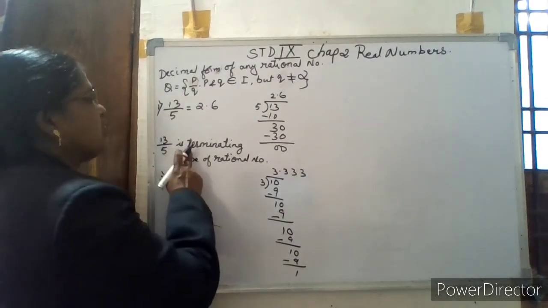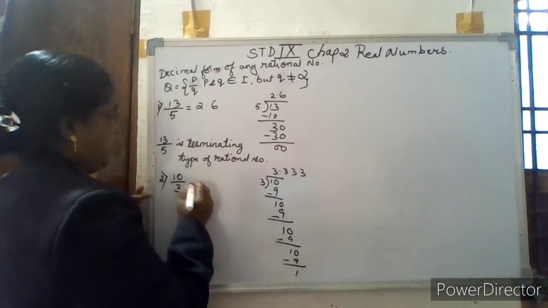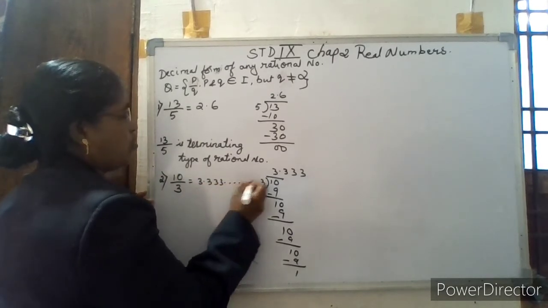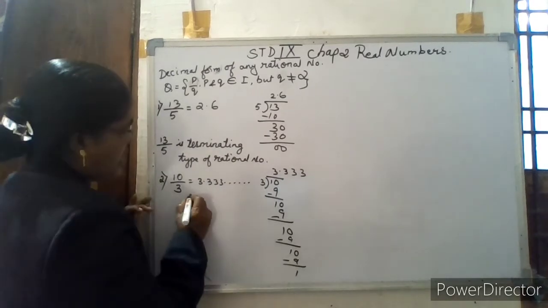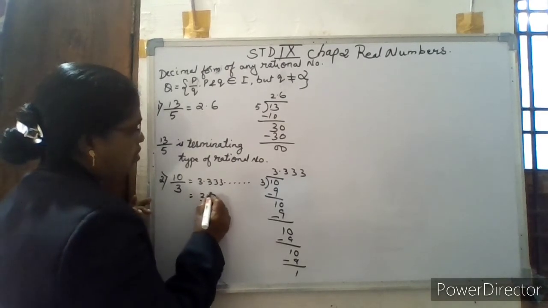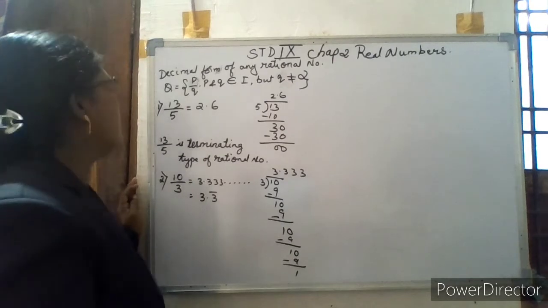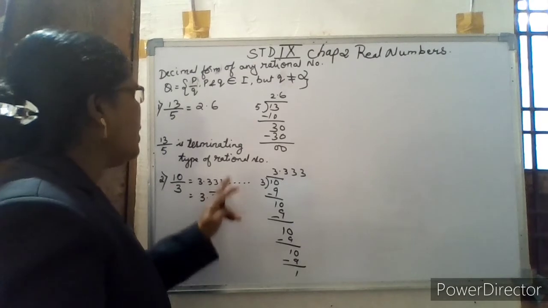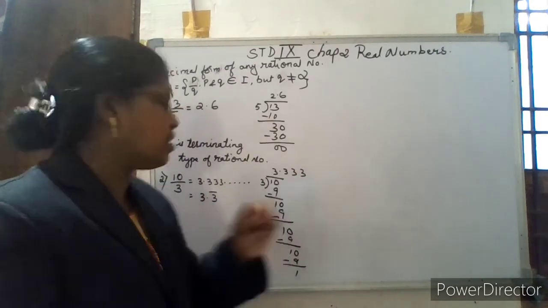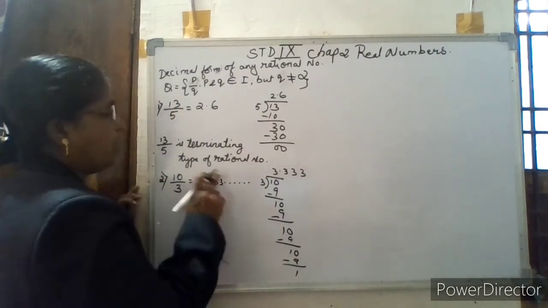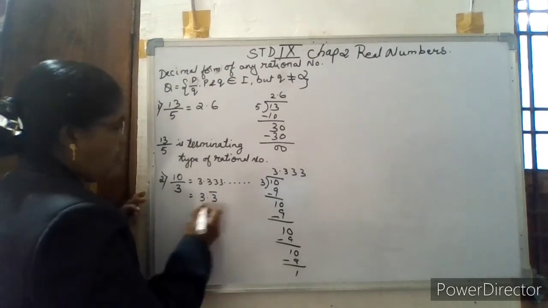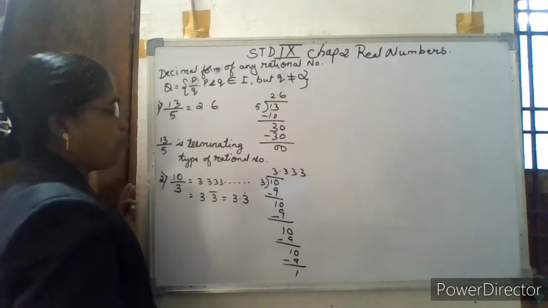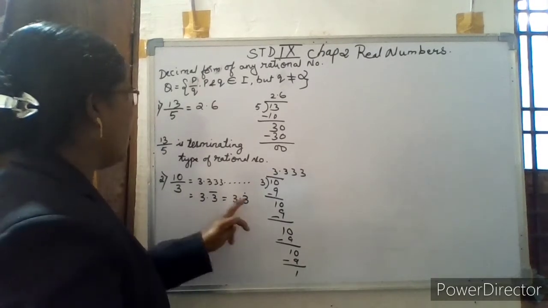That means this is non-terminating. It is equal to 3.33333 and so on, or we can write it as 3.3 bar. Recurring means it is repeating again and again. So it is a non-terminating recurring type. It can also be written as 3.3 with a dot, which indicates 3 is recurring.